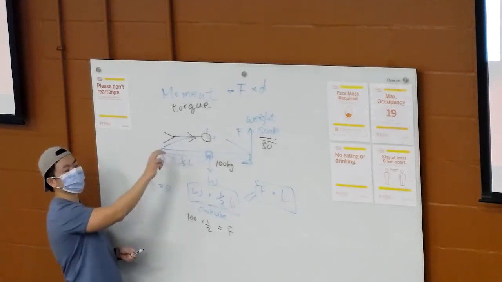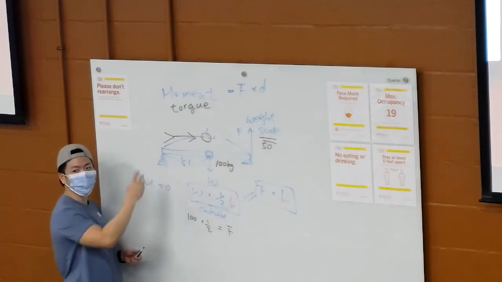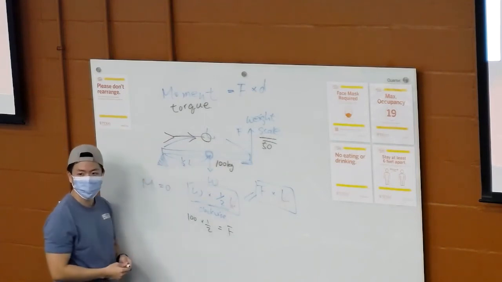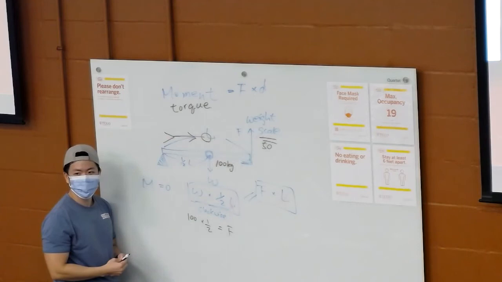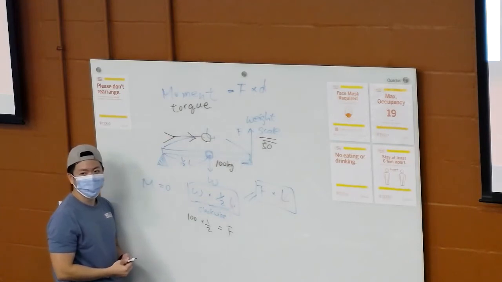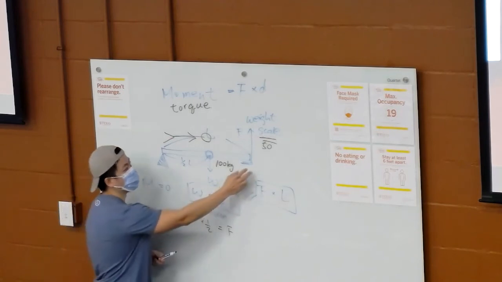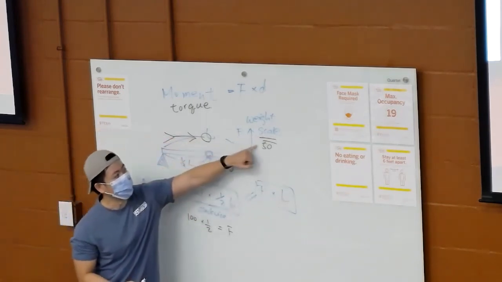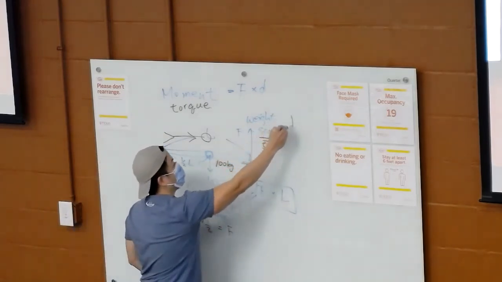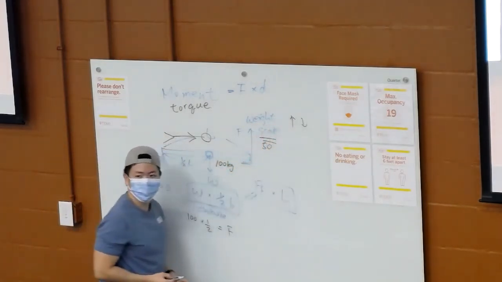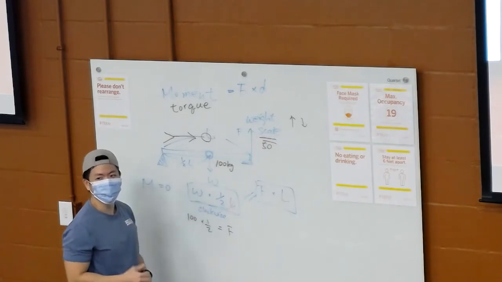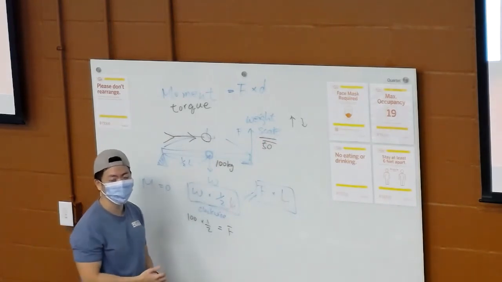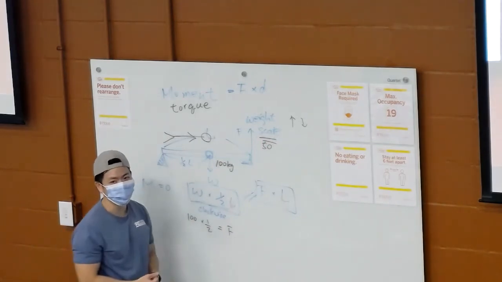Would he add some clockwise torque, or would he add some counterclockwise torque? Think about it: if you lie on the board, would the weight scale reading be higher or lower? It should be higher, right? But why is it higher?